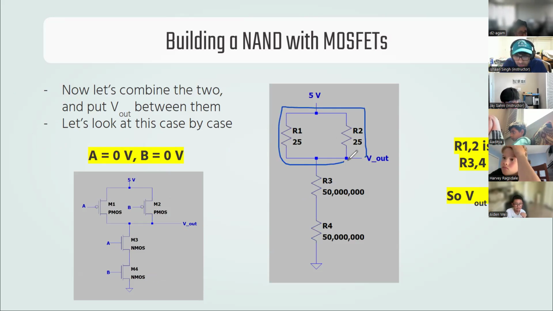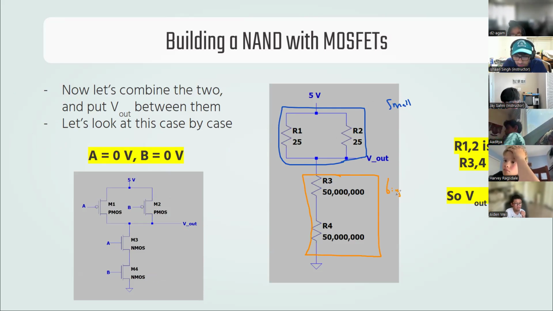This part right here has a very small resistance, okay? This part right here has a very big resistance, okay? Big. So do we see why Vout would be large here? Are we all clear on that? Okay, I'm gonna assume we're all clear on that. Let's move on to the next case.